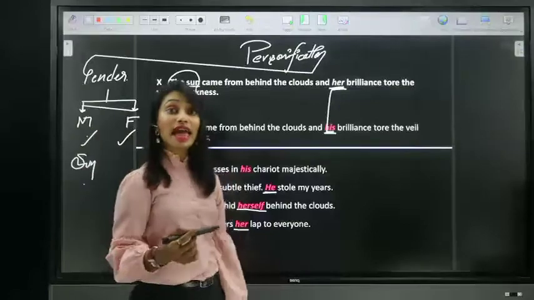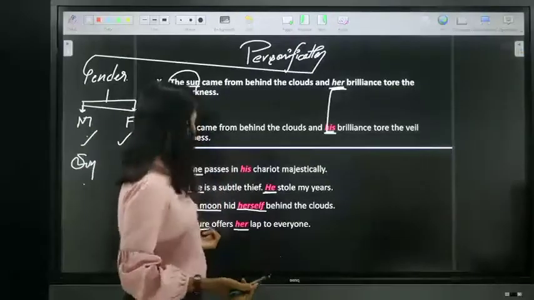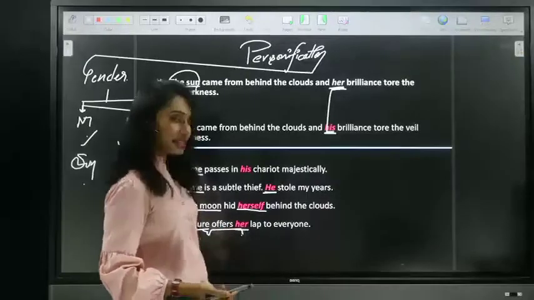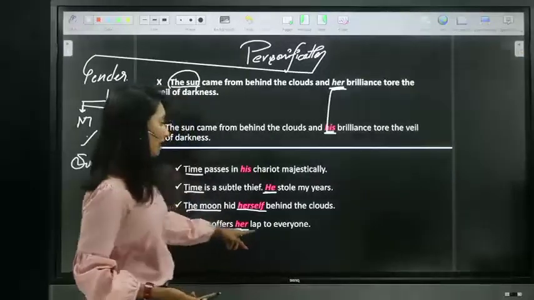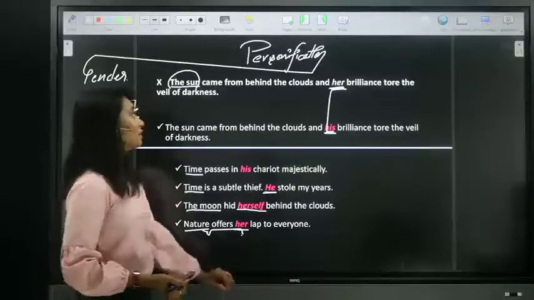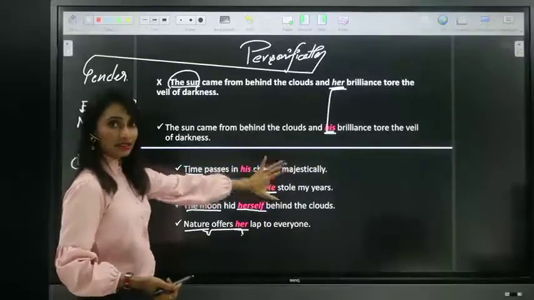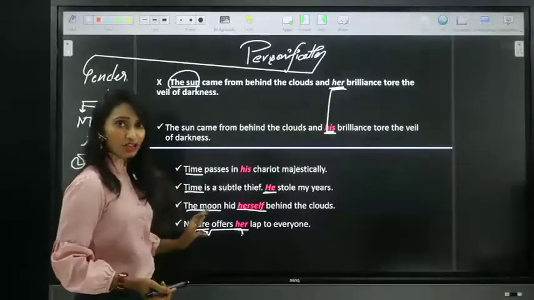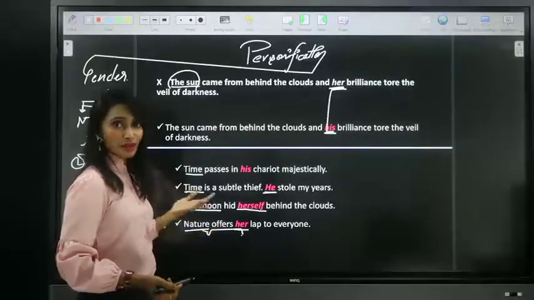Nature offers her lap to everyone. Here, nature, when personified, comes under feminine gender. So, this is our sentence. The sun, the moon, the earth, nature, spring, autumn, time.